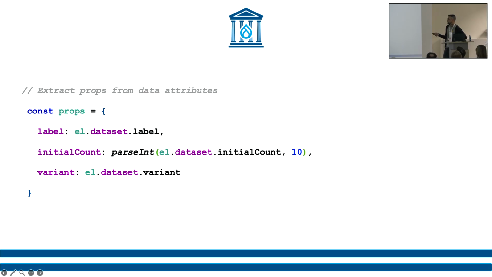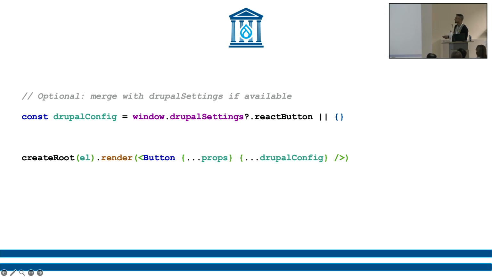This can be done with the dataset property of the element, which has the label, the initial count, and the variant. Optionally, we can merge also the Drupal settings provided by the window, and then we can create our React element, and then render it. So the button, passing to it the props and the Drupal config.